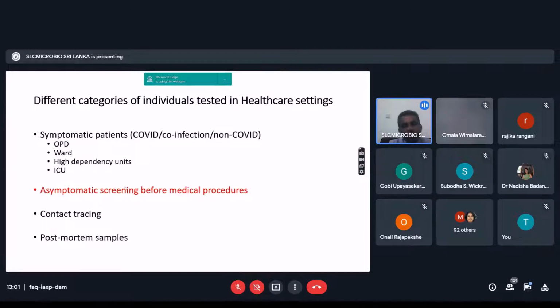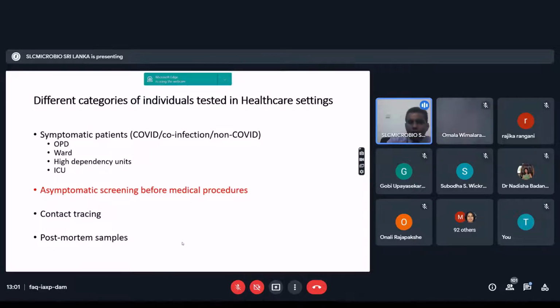But in most of the procedures, I think we can do it with the antigen test. And when you do a PCR, you might detect a latent infection in a person who has come for some other management, and you might compromise his other management by unreliably labeling him as infectious, by detecting a late infection in this phase of the pandemic with community transmission.